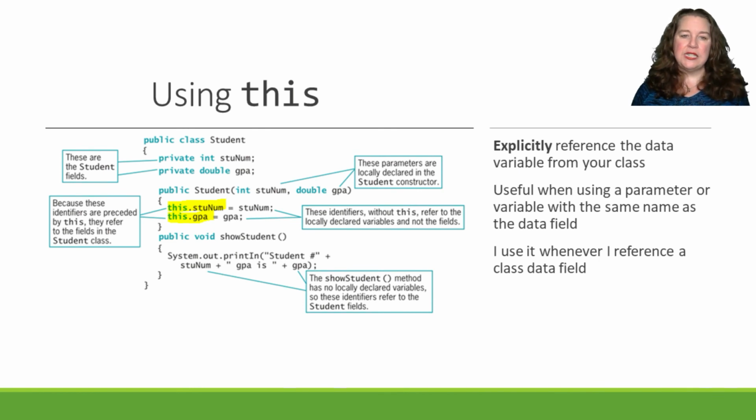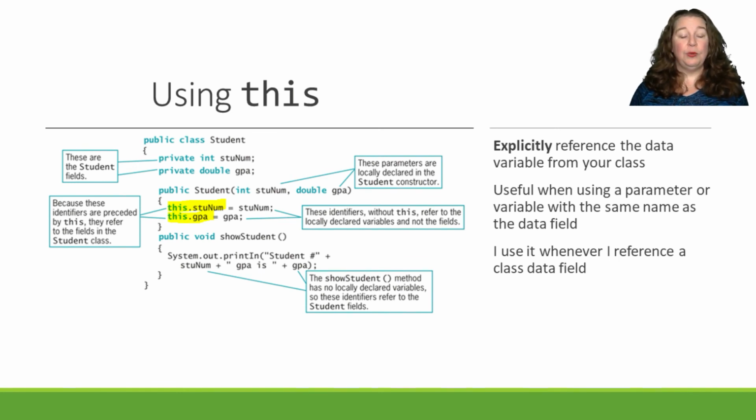It's very explicit to be able to say this dot student number, this dot GPA, and it makes it very clear to anybody who's looking at it that you are setting a local attribute for the object. You're not just playing with any variable.